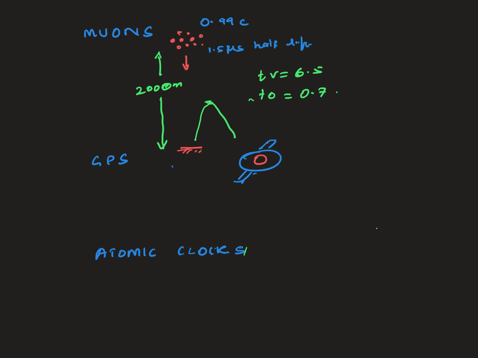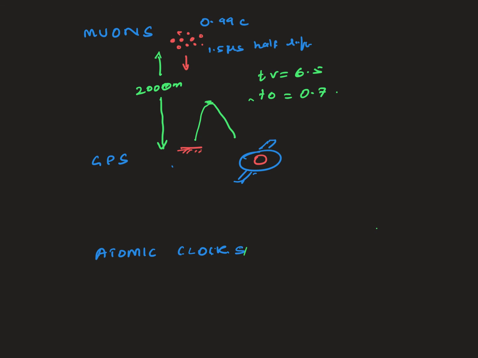The next example is GPS. GPS is used by every one of us all the time, and the GPS systems are in satellites. Satellites orbit the Earth at not a very high speed, but the GPS clocks always lag a bit because they are moving in relation to Earth.